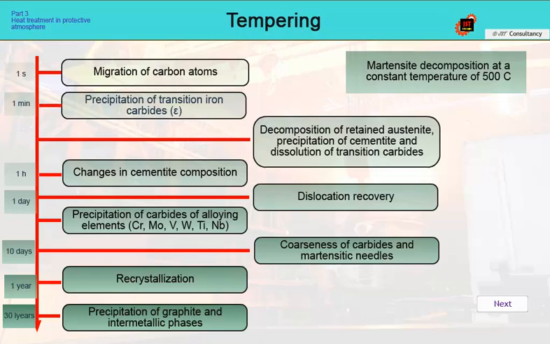It can be clearly seen here that some processes will occur in weeks or months, often only after several years. These are similar phenomena to those known from precipitation, annealing, or aging of steels. They cannot be prevented, but on the contrary, they can be accelerated by increased temperature during tempering.